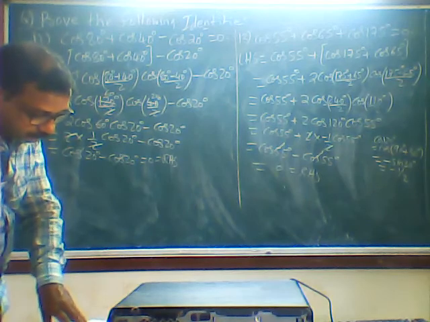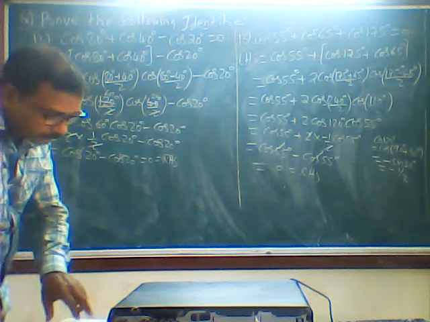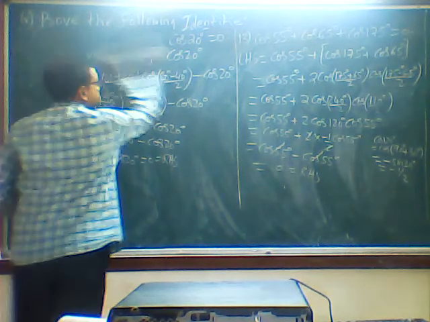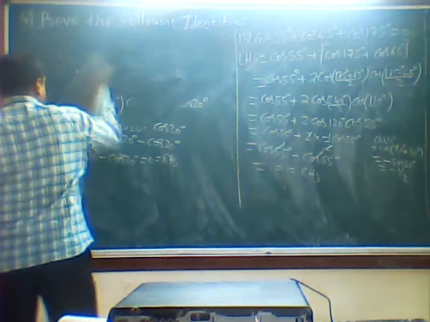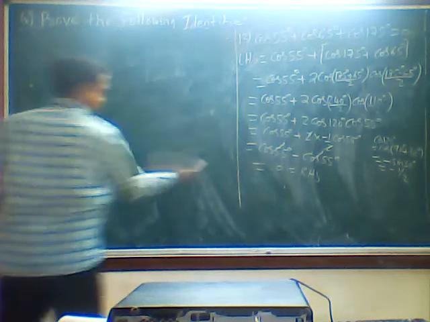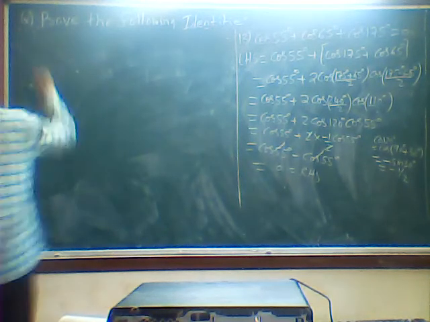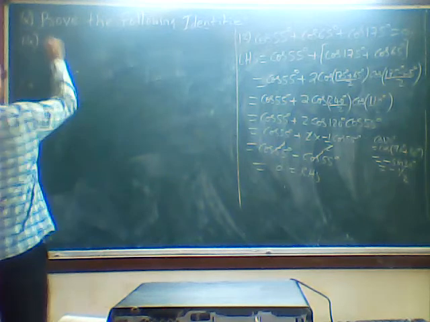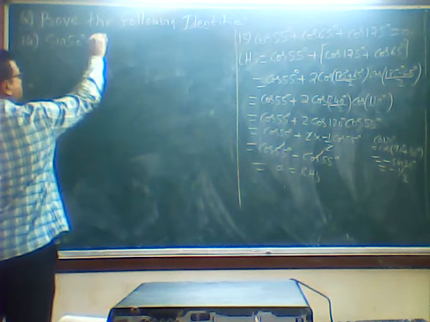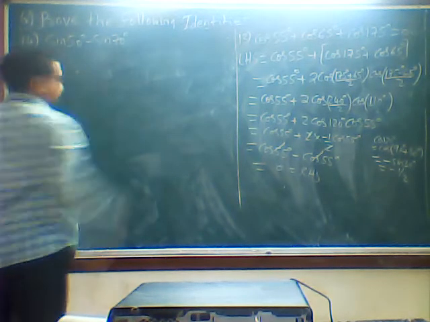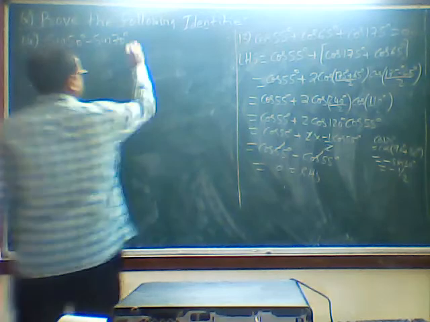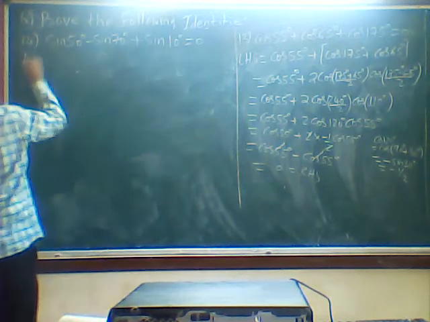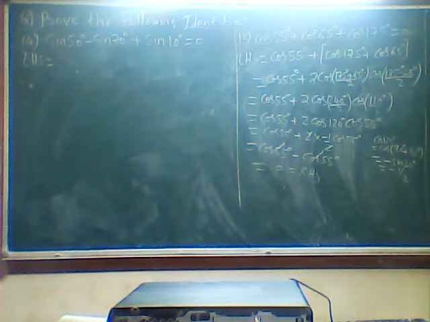Next number will be sine 50 degree minus sine 70 degree plus sine 10 degree is equal to 0. Now how to do this?